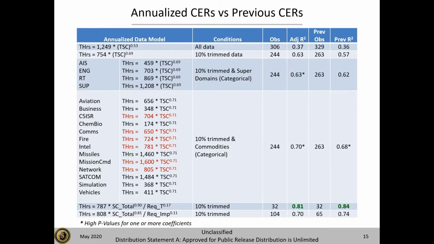So in this chart, you can see in column 4 is the R-squared from doing this analysis. And you can see simply by looking at the R-squared in column 4 that by breaking it out by either application domain or commodity and trying different measures of size, whether it's the software changes or the requirements, we have improved R-squareds.